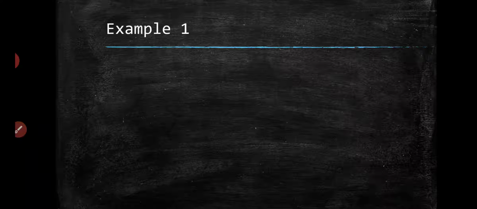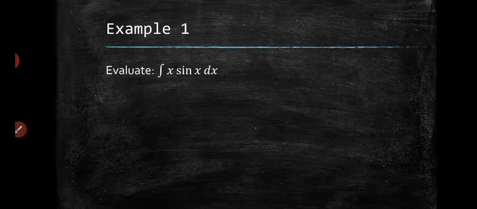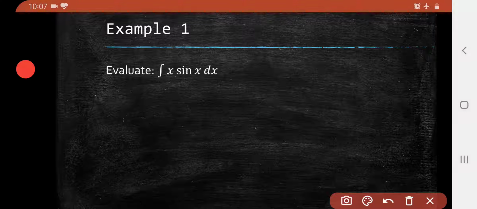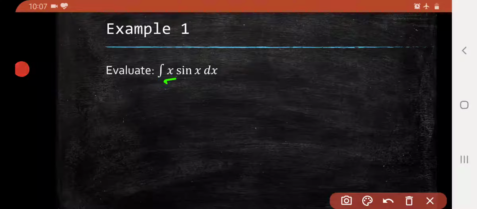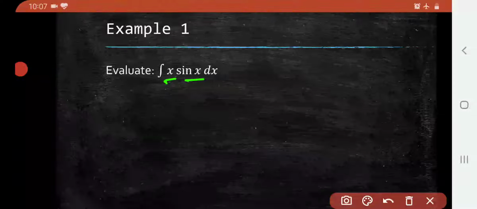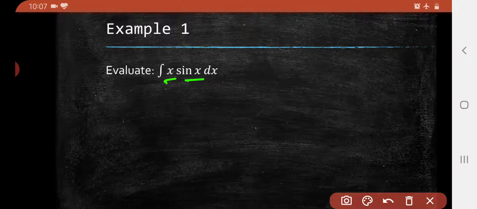Now the first one: integration of x sin x dx. Here x is an algebraic function and sin x is a trigonometric function, and algebraic comes before trigonometric in the order. So this can be chosen as the first function and this as the second function.